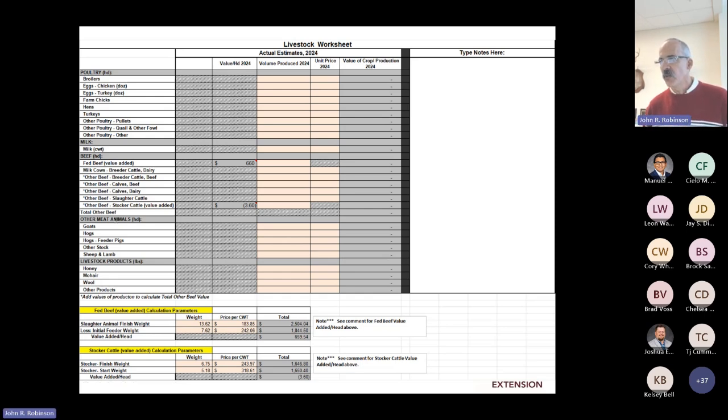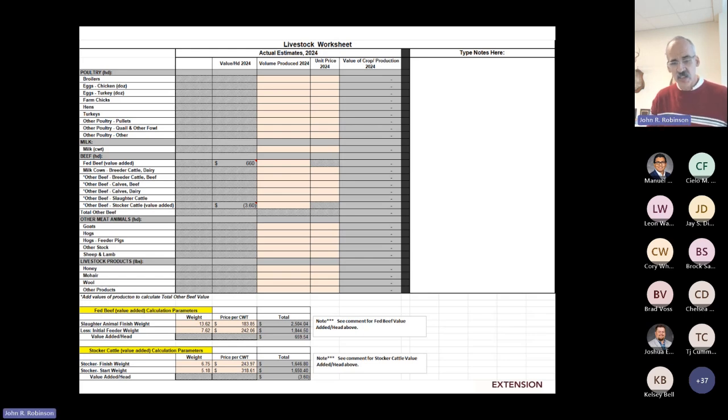The biggest source of errors here is going to be basically two sources: the value of fed beef and the value of stockers. The most common error is somebody will say, well, in my county, I was told there was 10,000 head of cattle and that they were worth $1,000 a head. The problem with that is what that probably means is the value of the inventory.